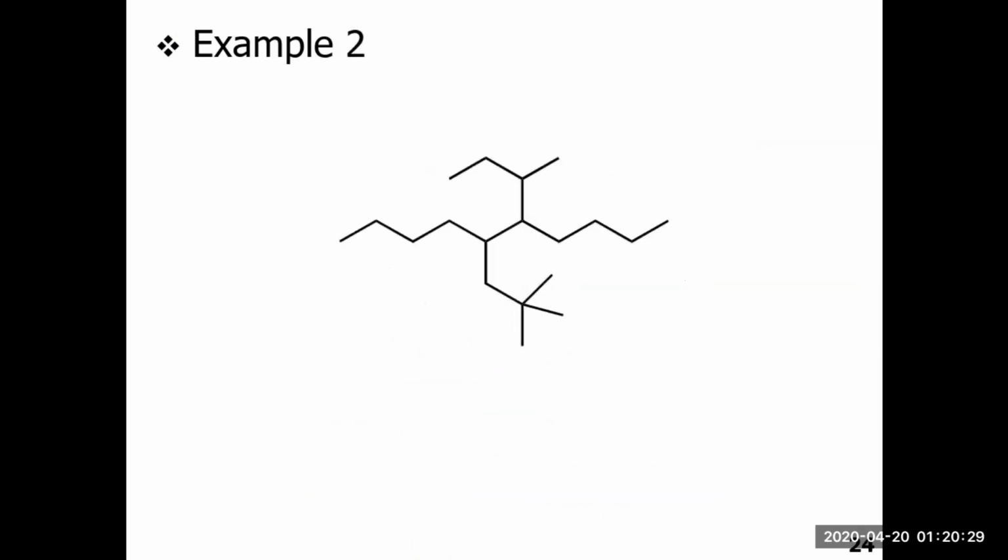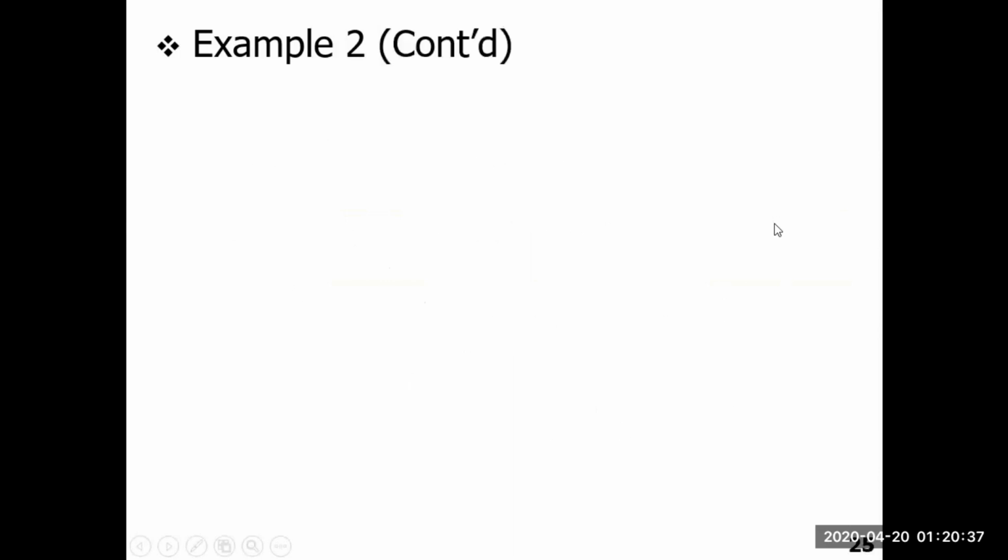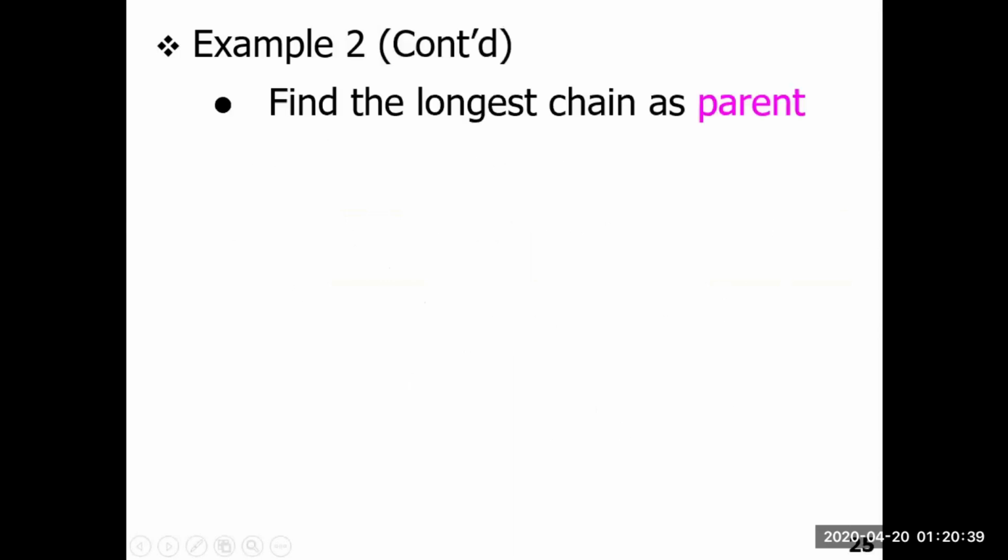So let's try to consider this molecule. This molecule looks simple, but it's a bit complex to name. Just like what we did in the first example, we have to look for the longest continuous carbon chain, which can be done by counting the number of carbons.